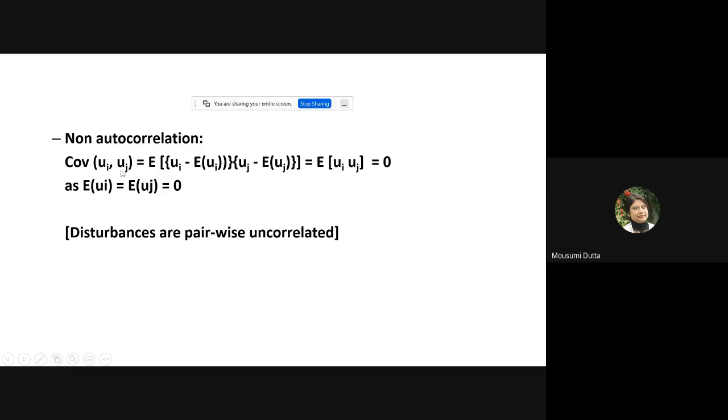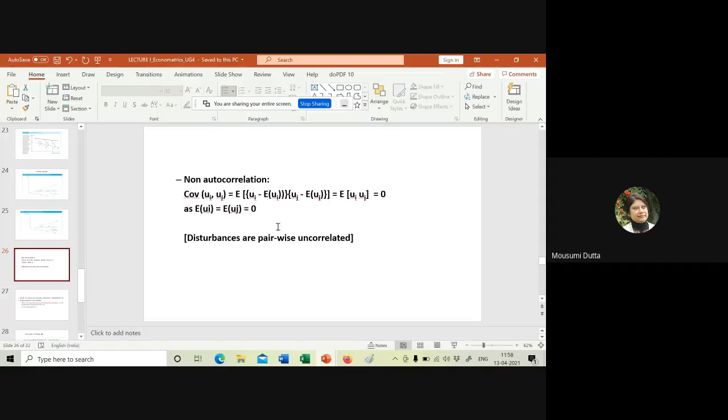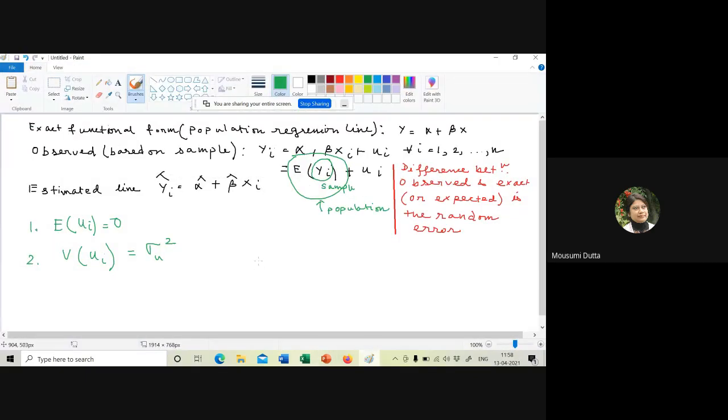So the assumption is called non-autocorrelation. Now what is it implying, or theoretically how will we understand the idea of non-autocorrelation? To understand it, it is always better to consider an example which is based on time.